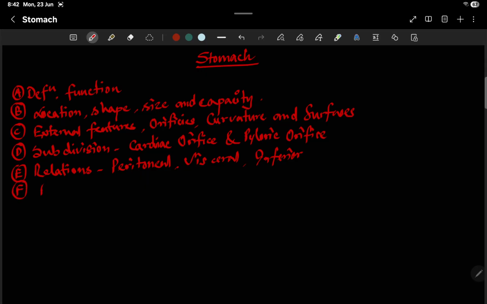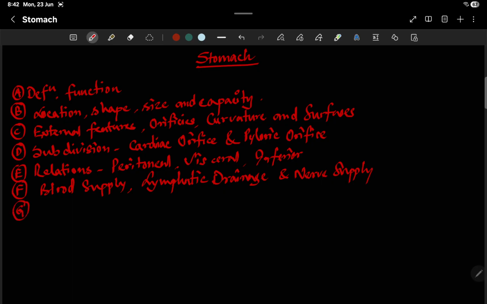Next, blood supply of the stomach, lymphatic drainage, and nerve supply. And lastly, applied anatomy.